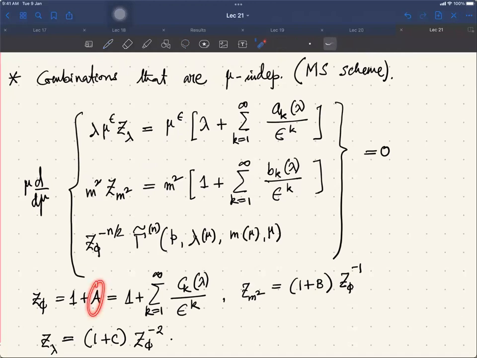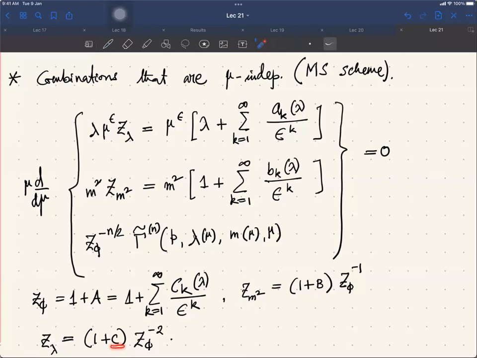A is basically coming from the counter term, which is basically the epsilon poles, and similarly, zm squared and z lambda are given in terms of b and c.